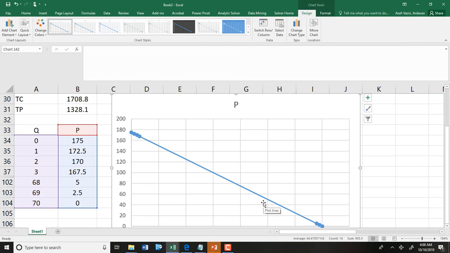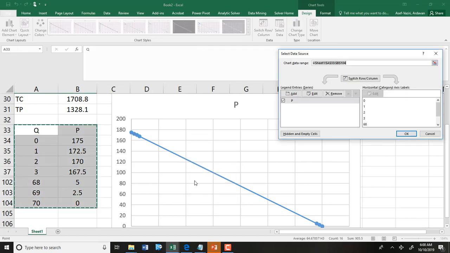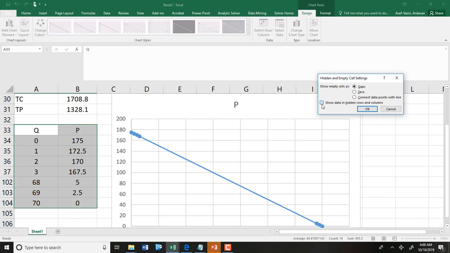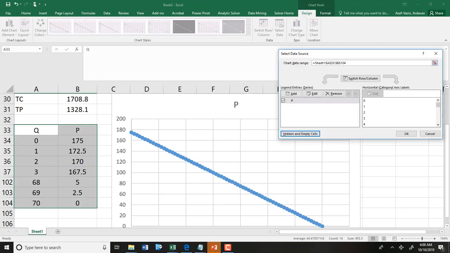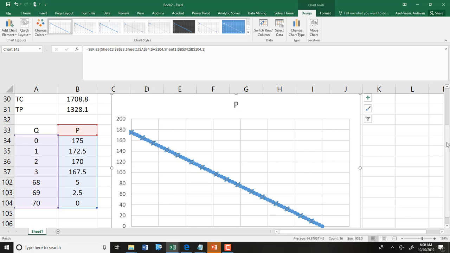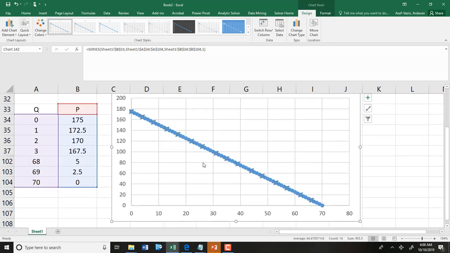The graph looks a little bit strange because it doesn't show the cells that I have hidden here. So I'll go to this point, select data. I will go here, empty cells, show data in hidden cells. Okay, now that is the relationship between quantity and price.